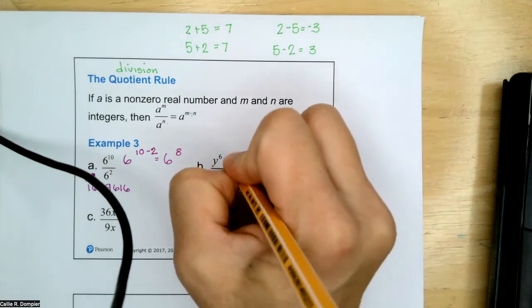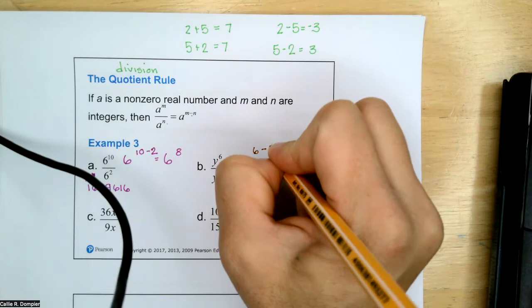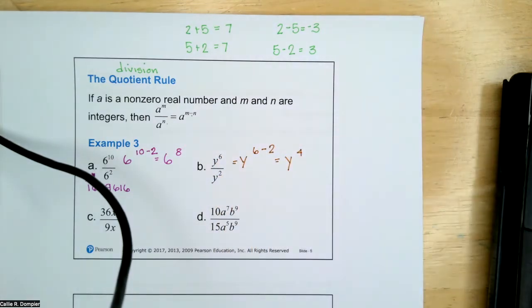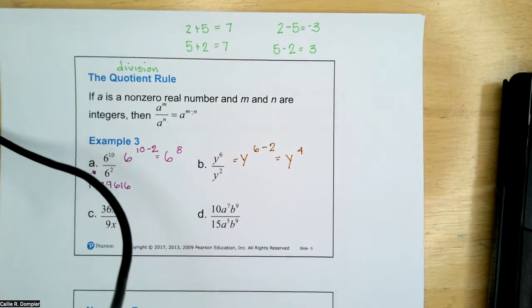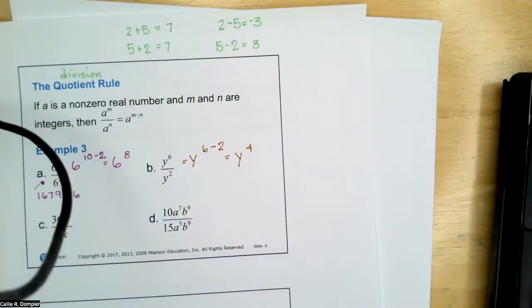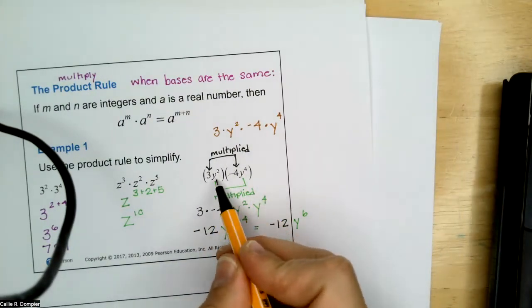So we keep the base, we take that numerator and we subtract the denominator and we get y to the 4th. All right. Here, again, when we had 3 times -4, we multiplied the numbers and then we multiplied the letters.